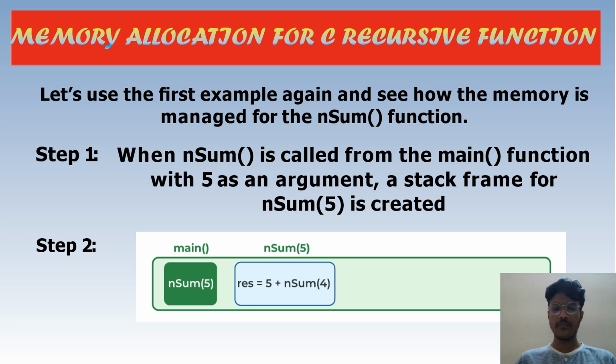In the second step, nsum 5 is as it is, and recursion is equal to 5 plus nsum of 4. After the plus sign we take the argument minus 1 in this second step.